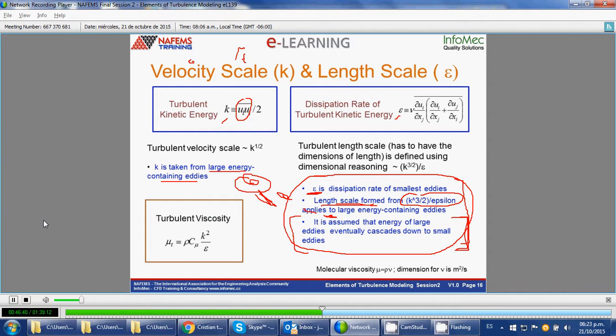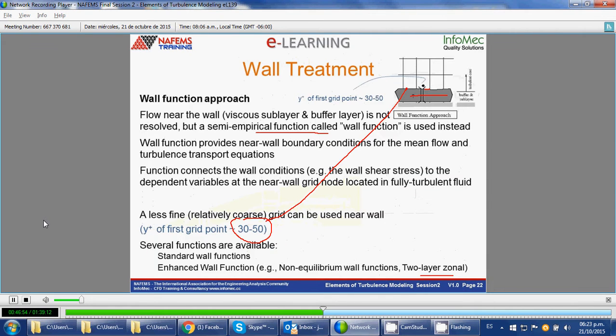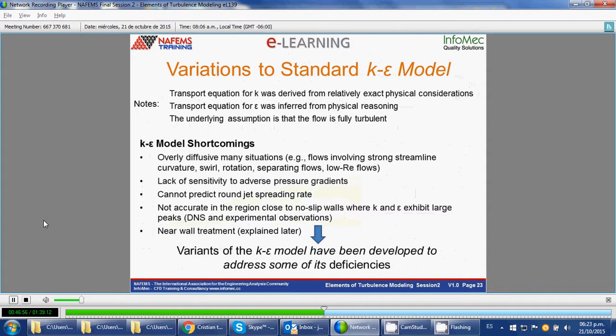But we're using the information from the large eddy scales. So people said some of the problem we have with k epsilon comes from the fact that we use the information from the large scale.